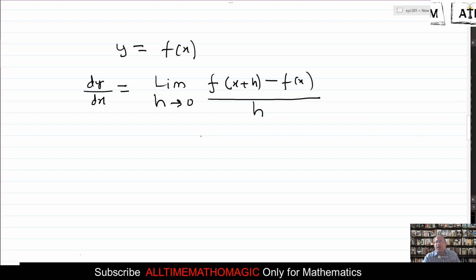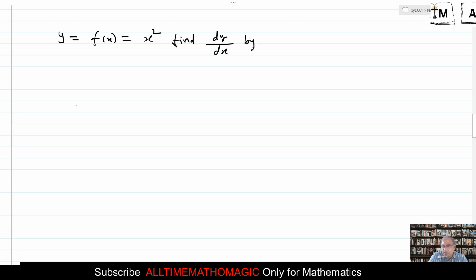Let us understand this principle by taking one example. First example: suppose y equals f of x equals x square. Find dy by dx by using first principle.